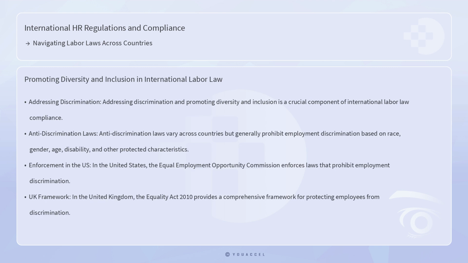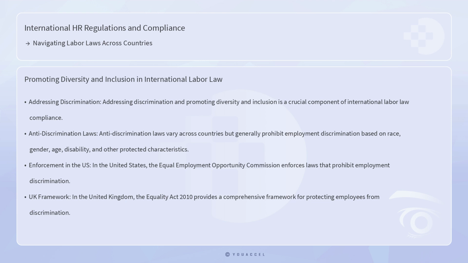Furthermore, addressing discrimination and promoting diversity and inclusion is a crucial component of international labor law compliance. Anti-discrimination laws vary across countries, but they generally prohibit employment discrimination based on race, gender, age, disability, and other protected characteristics.